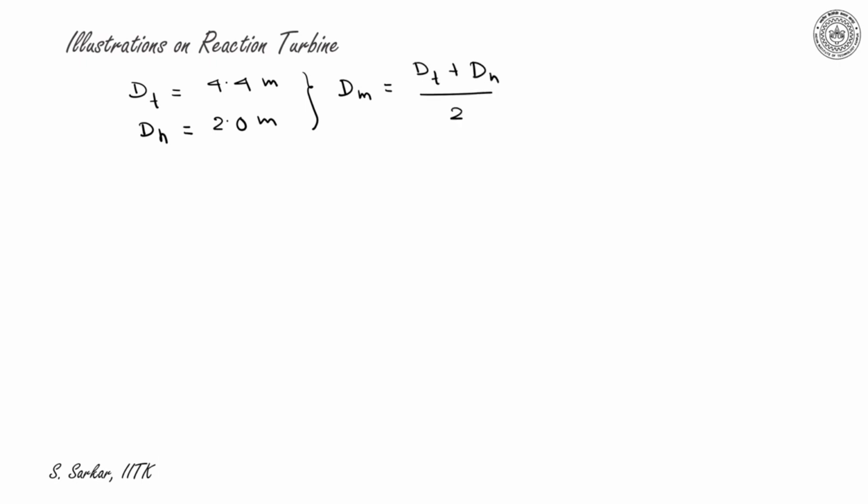Pi, 3.2, into n is 150 divided by 60. If you do all the calculation, you will get um as 25.133 meter per second.